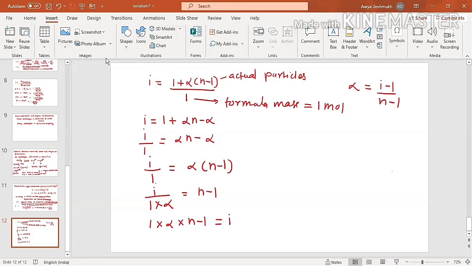So you can write this same equation in terms of alpha equals i minus 1 divided by n minus 1. So we got this equation: alpha equals i minus 1 divided by n minus 1. This is also used for solving problems.